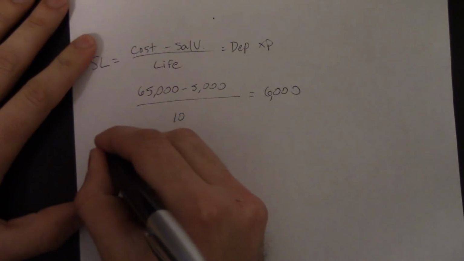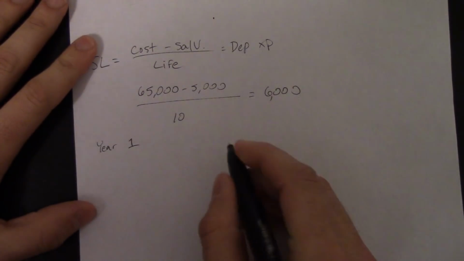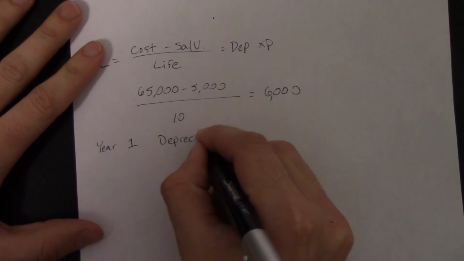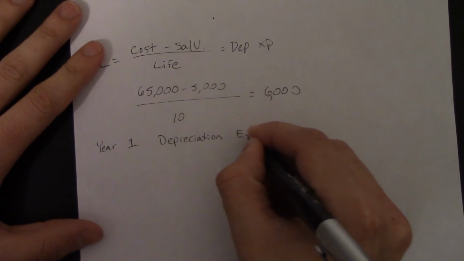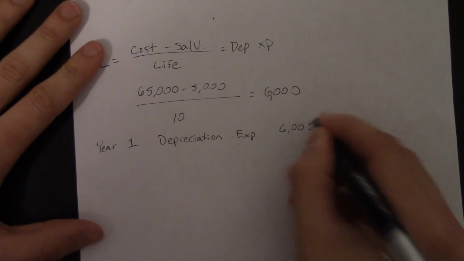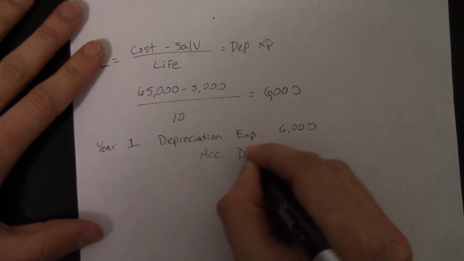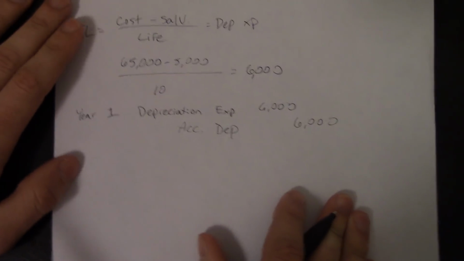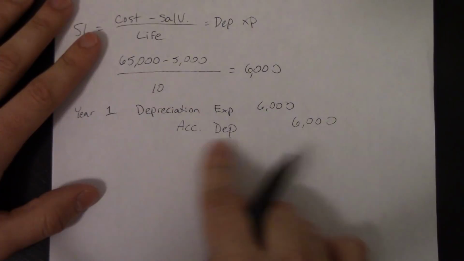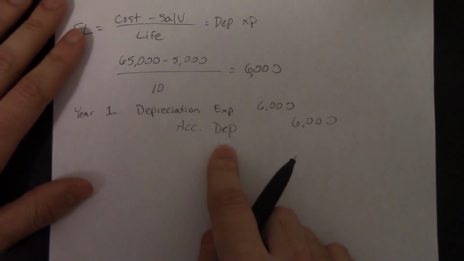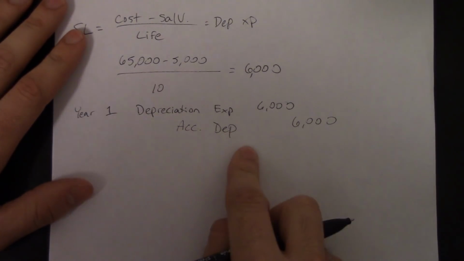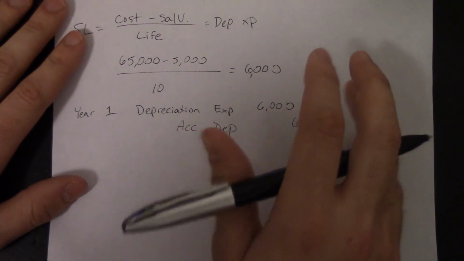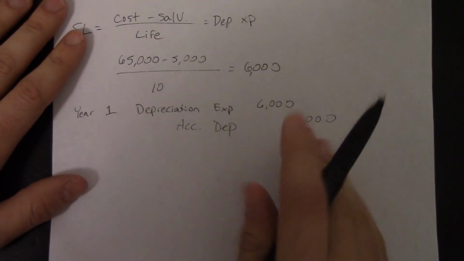Well, in year 1, the journal entry, we will debit depreciation expense for $6,000, and we will credit accumulated depreciation for $6,000. Accumulated depreciation, remember, is a contra asset. It takes away from the long-term assets, which in this case is the bus.